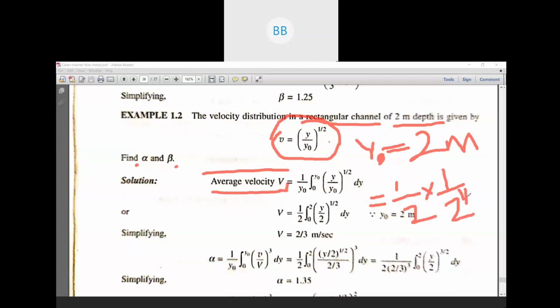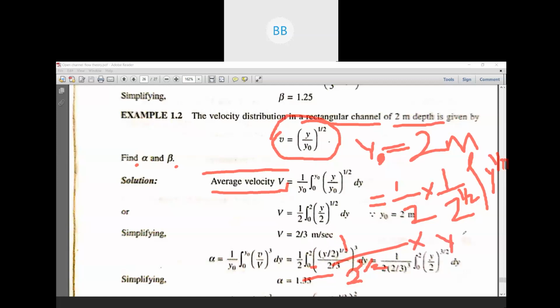What will be left is the integration of y to the power half.